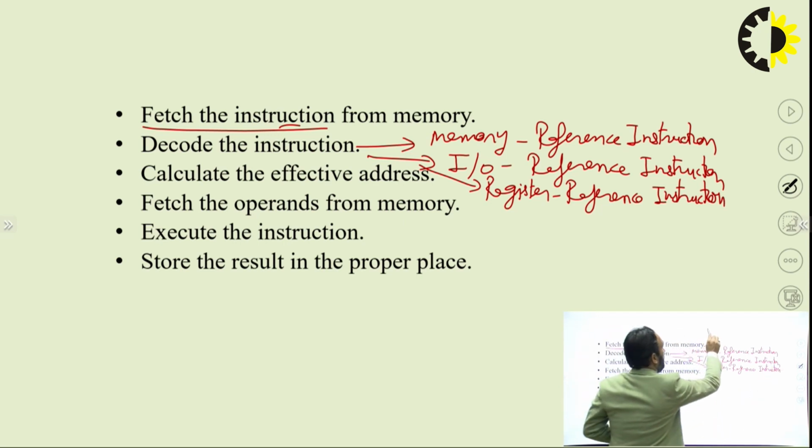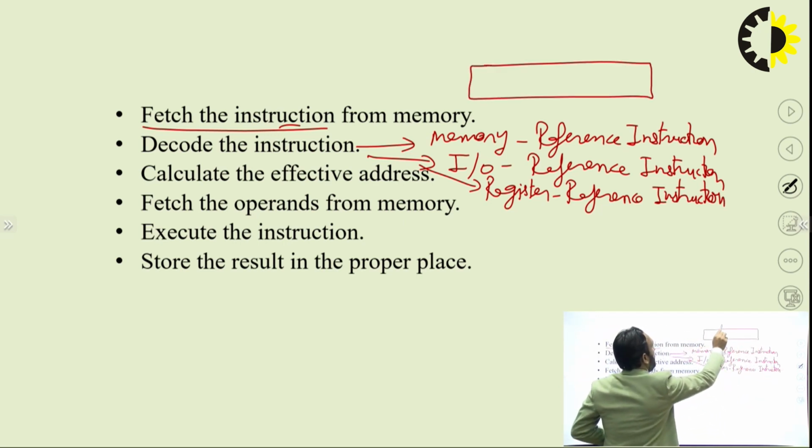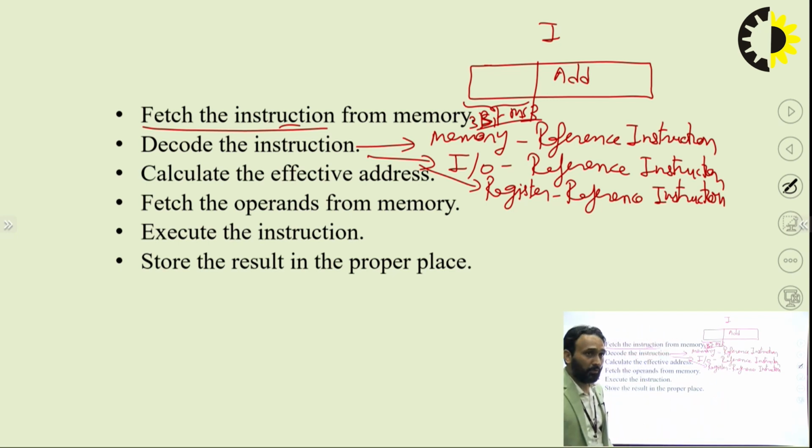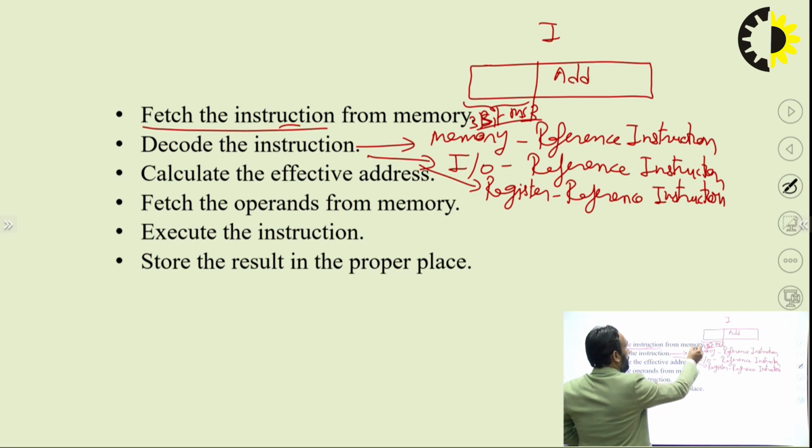We have an instruction that contains an address, along with a 3-bit MSB that helps to identify the type of instruction, which is divided into 0 and 1. 0 represents a memory instruction and 1 represents a register instruction.